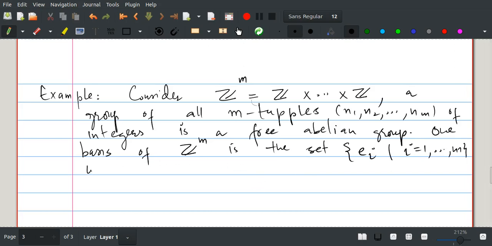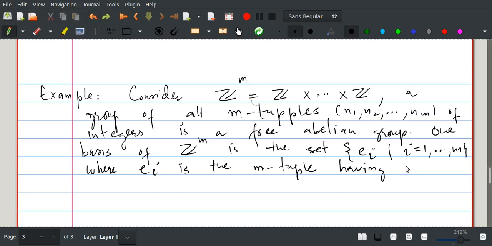Here each e_i is an m tuple, having this one at the ith place, at the ith component, and zeros elsewhere.